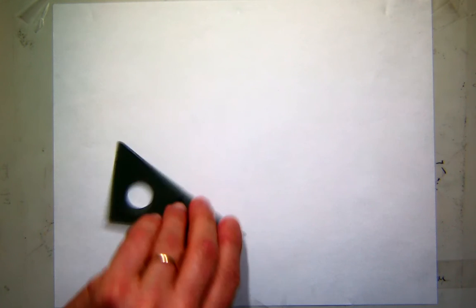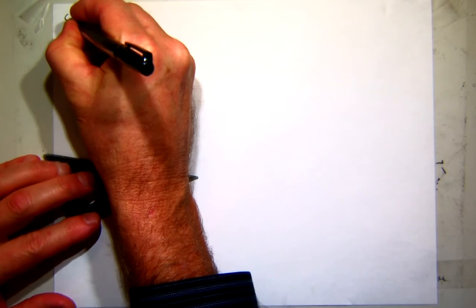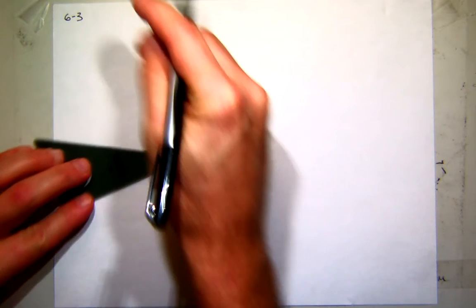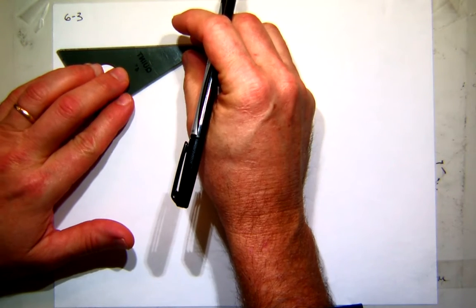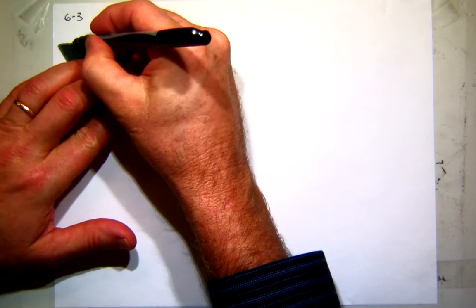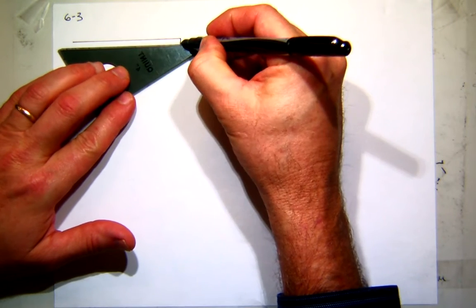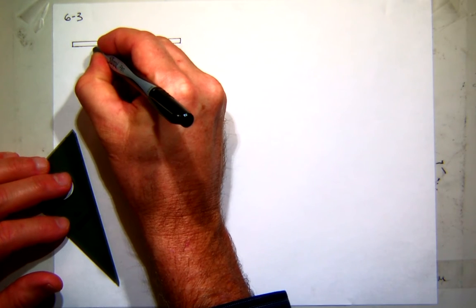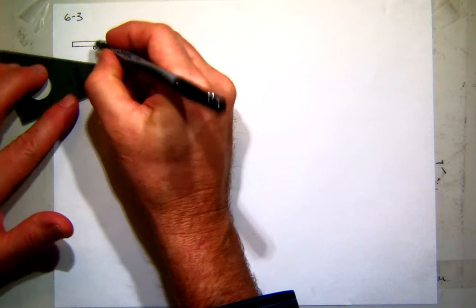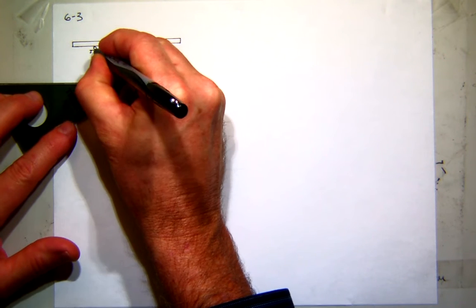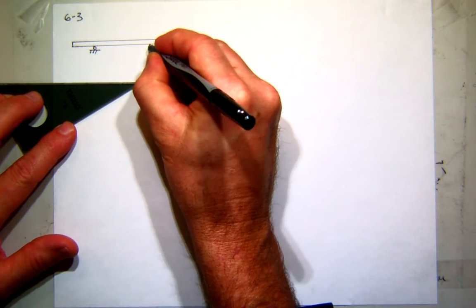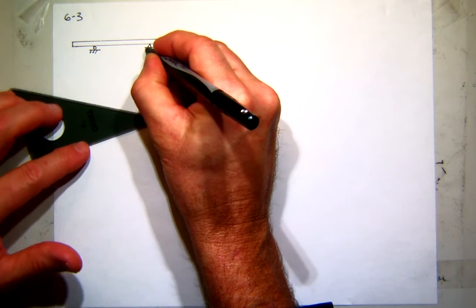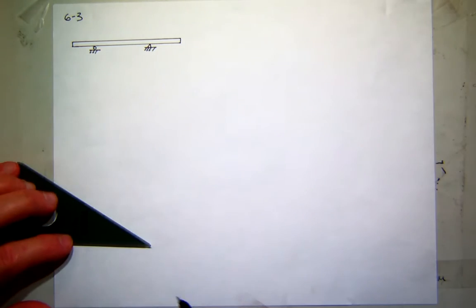Well, you can't really see it because I haven't drawn it, but this is going to be problem 6-3. So let's see if I can draw this right. So we've got a beam, 6, 6, 6, and 6. So we've got a kind of a roller here and a pin here.